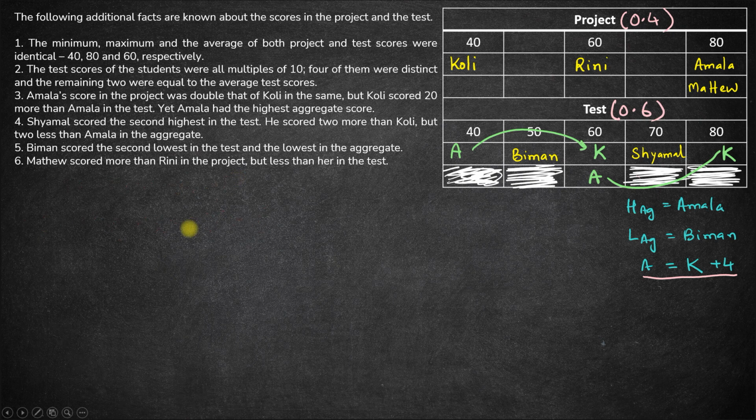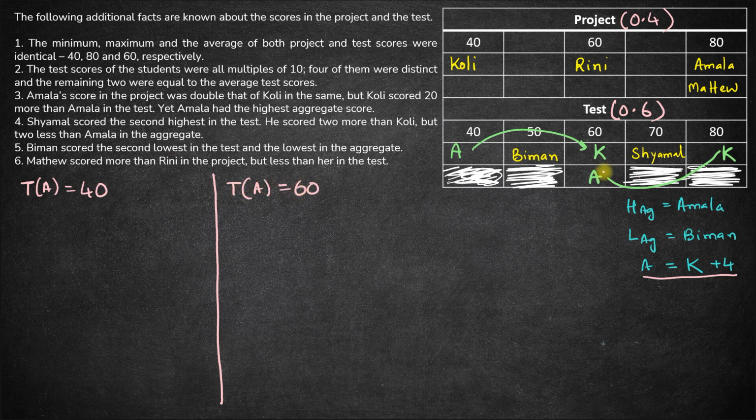Instead of calculating the exact aggregate, which is not possible, we'll have to consider two cases for Amala and Koli. So in test either Amala gets 40 marks, or Amala may get 60 marks, right?